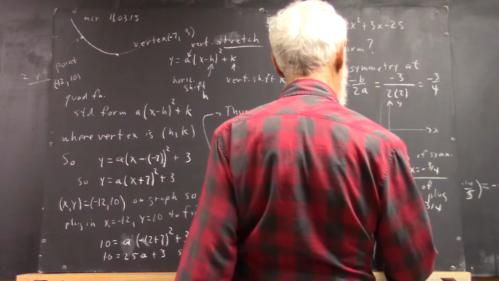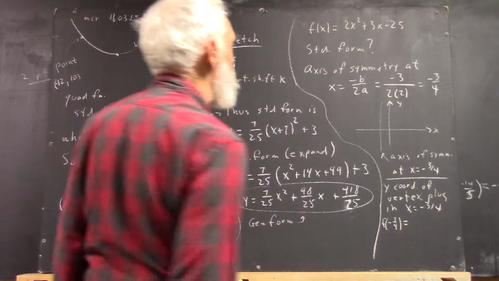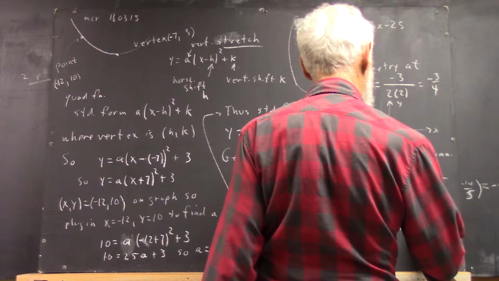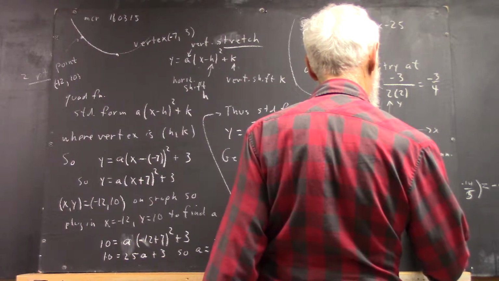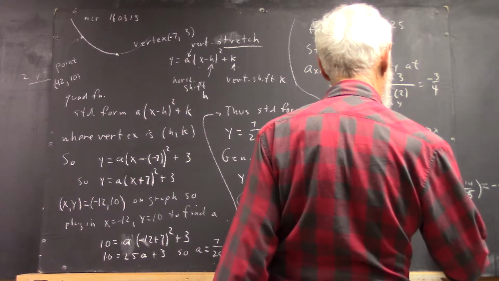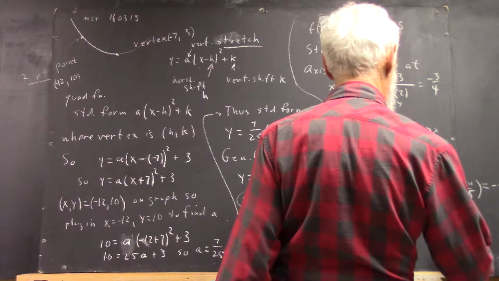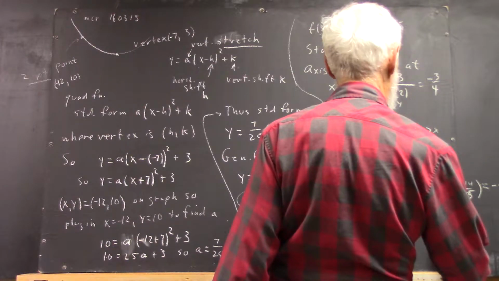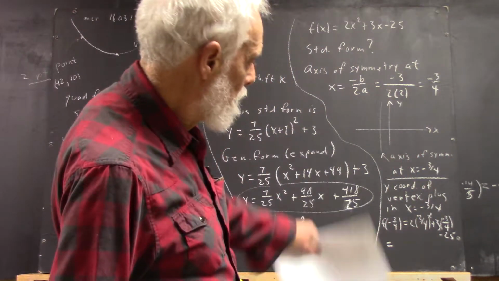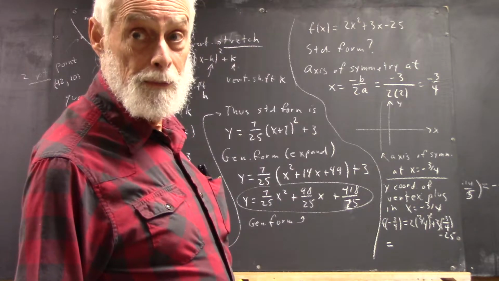So you get f of negative 3/4 is 2 times negative 3/4 squared plus 3 times negative 3/4 minus 25. 3/4 squared is 9/16.